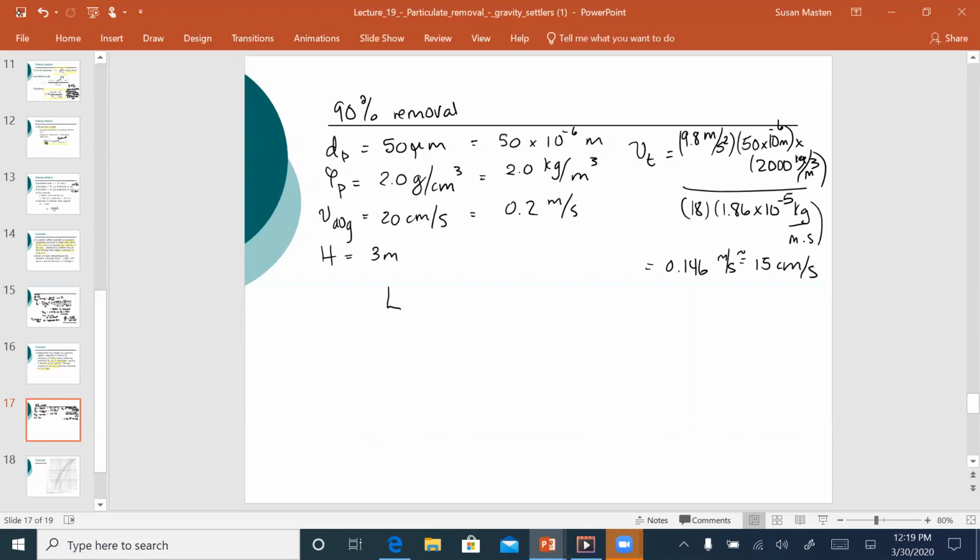So the length is equal to the removal efficiency, H V average over VT, and that is 0.9 times 3 meters times 0.2 meters per second divided by this terminal settling velocity.